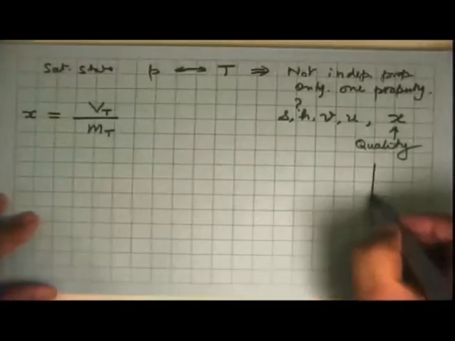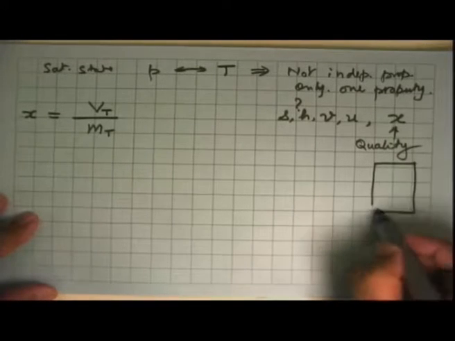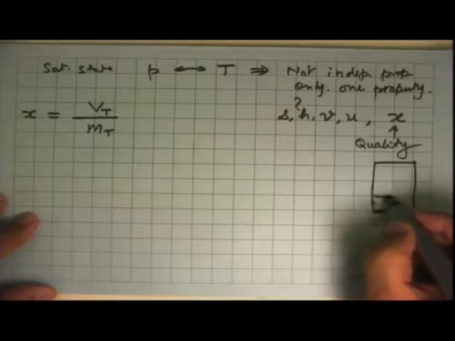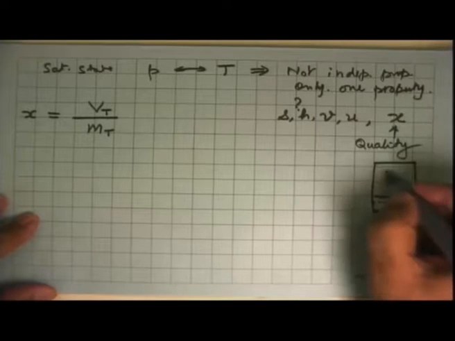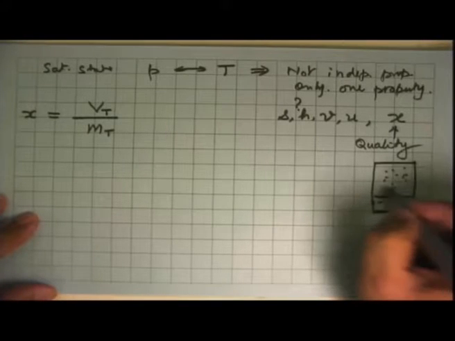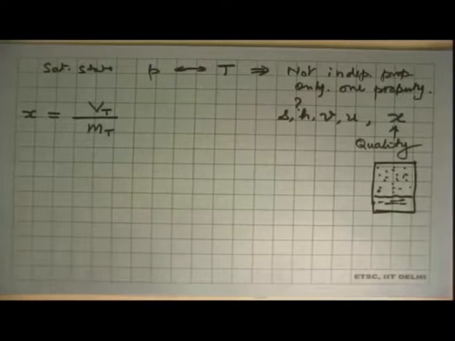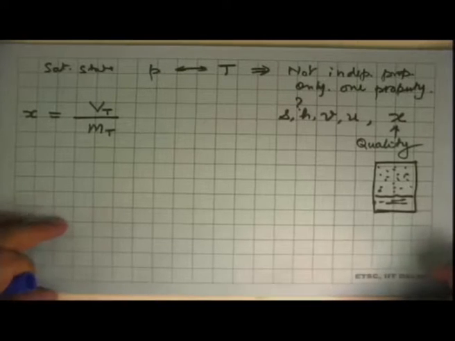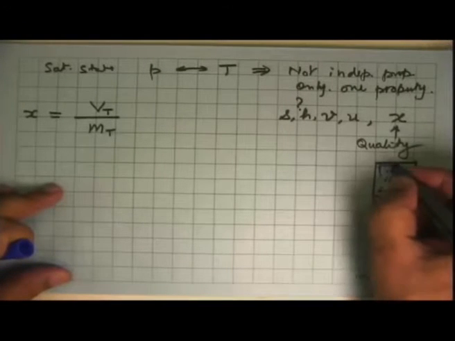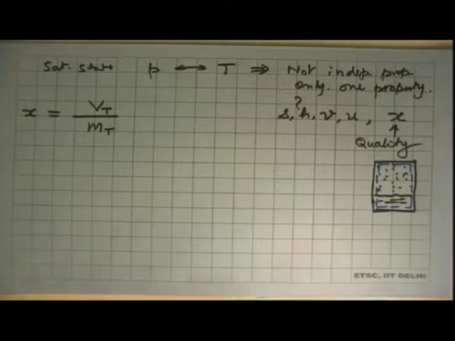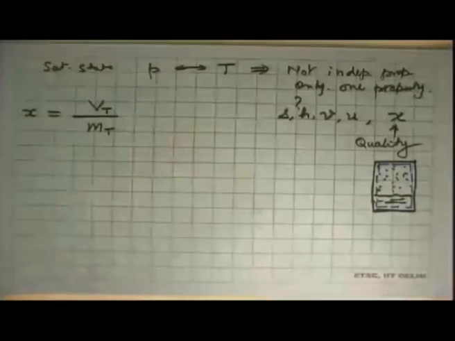We took one example yesterday and we said that look, I have a vessel, there is so much liquid sitting here, the upper space is filled with vapor. Then what is the dryness fraction? For that we define the system boundary as this one, and this is the dryness fraction we are now defining for this.